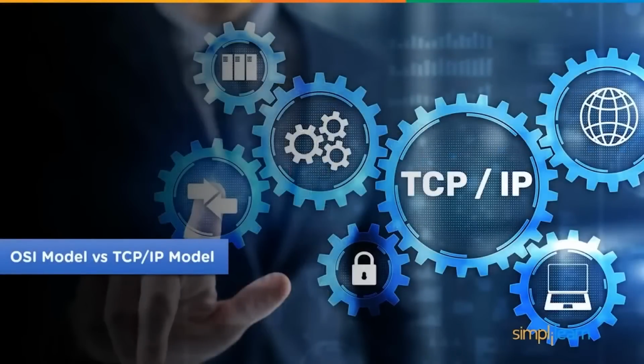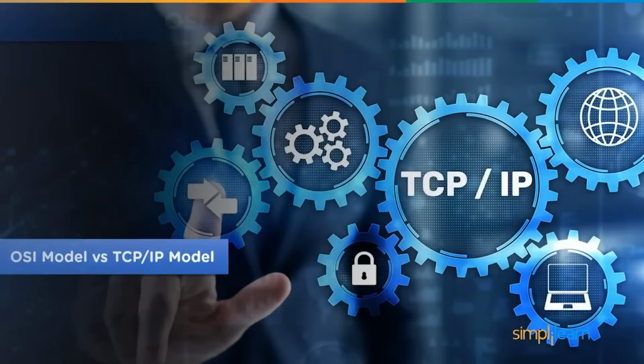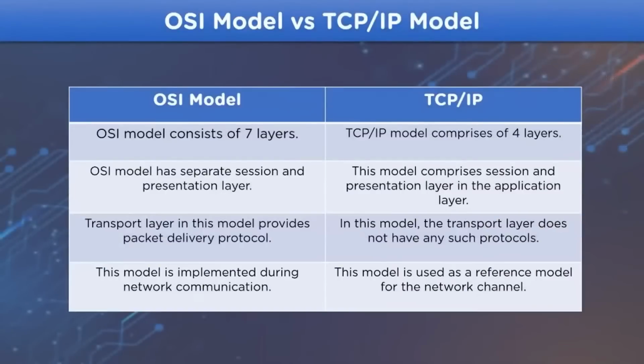Now let's take a look at the last topic for this session, which is the OSI model versus the TCP/IP model. On comparing both of the network models, we get that the OSI model consists of 7 different layers, whereas the TCP/IP model comprises 4 different layers. The OSI model has separate session and presentation layers, whereas the TCP/IP model comprises a single application layer.